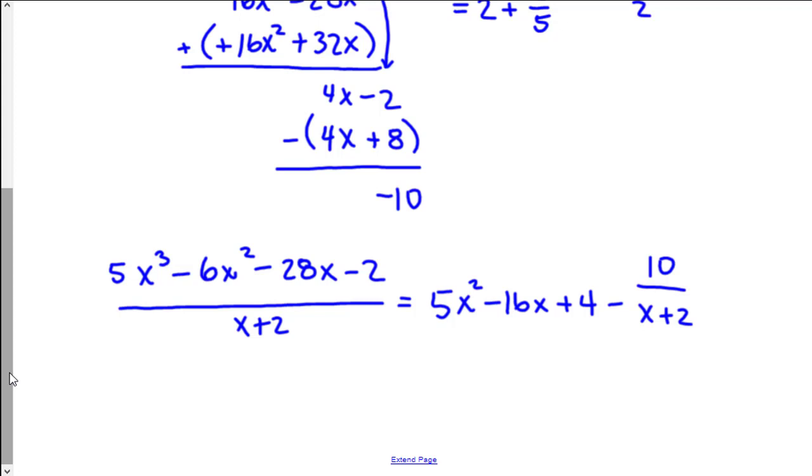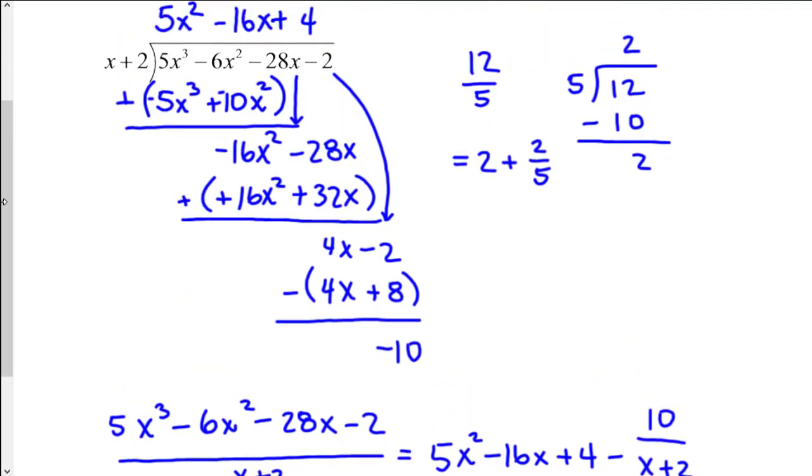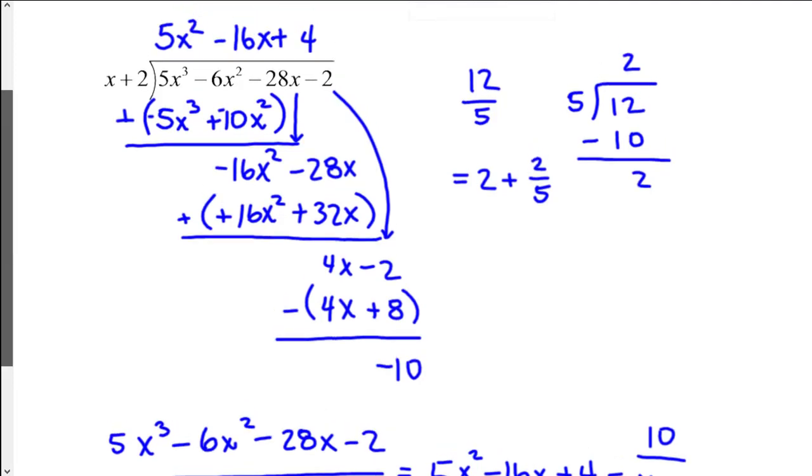The interesting thing about polynomial division is, under certain conditions, you can actually make this process a whole lot easier. If you notice some things that are kind of similar here, like for instance, we have a 5 here and a 5 there. We had negative 16 here, negative 16 there. 4 here, 4 there. So there's a lot of things that are similar.